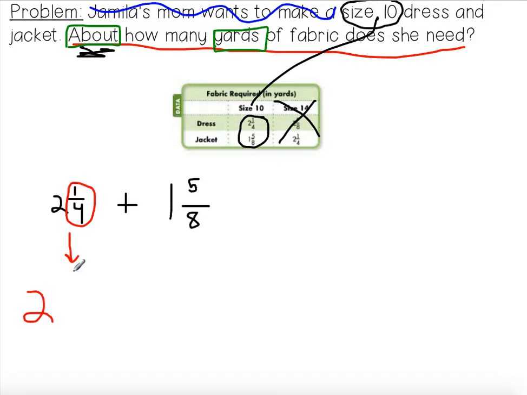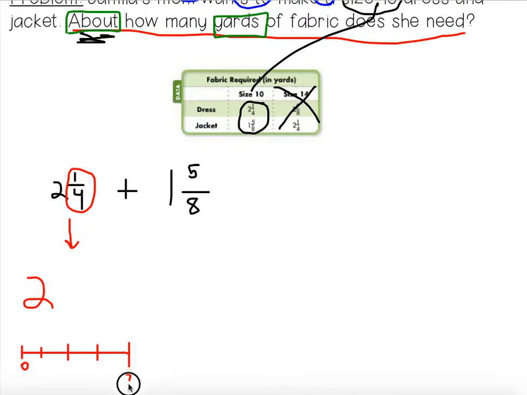Okay? I would just switch it over to 2 because if I'm looking at a number line of fourths, I would know that this is 0, this is 1/4, this is 1/2 or 2/4, this is 3/4, and this is 1 whole.